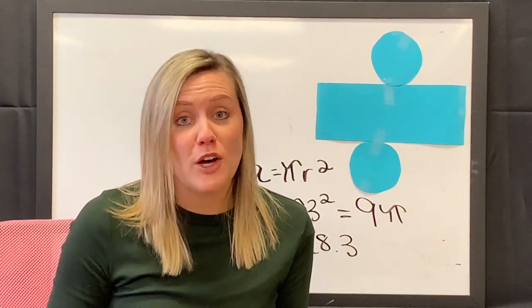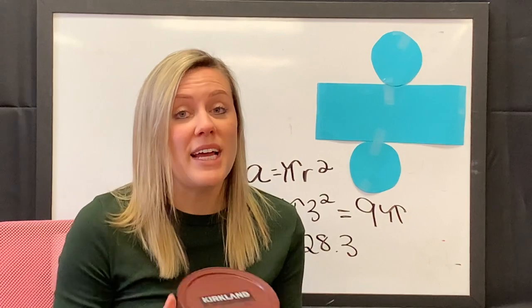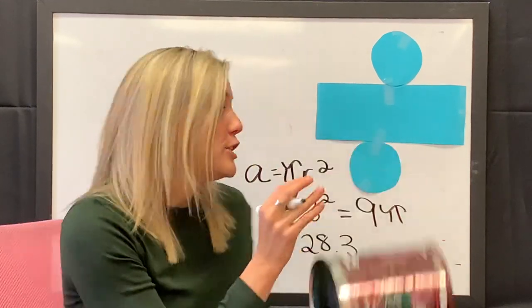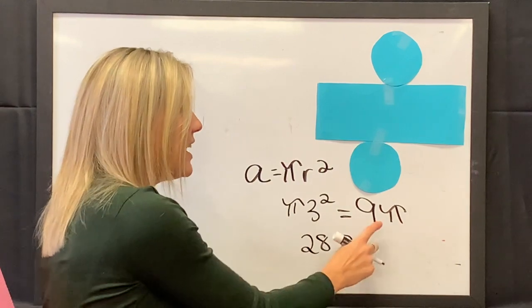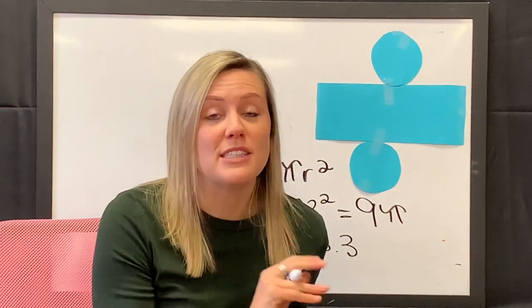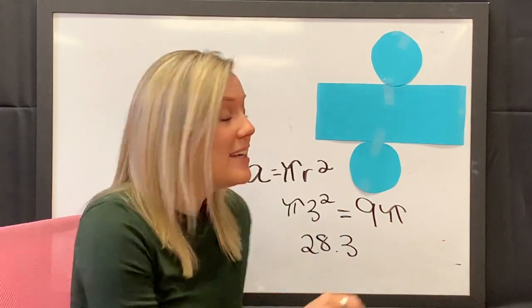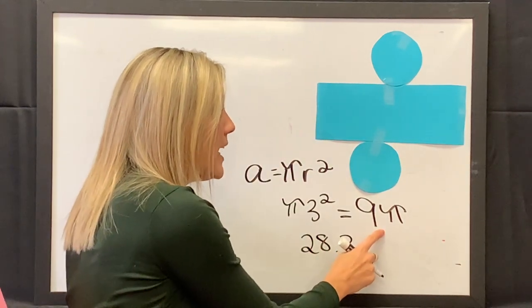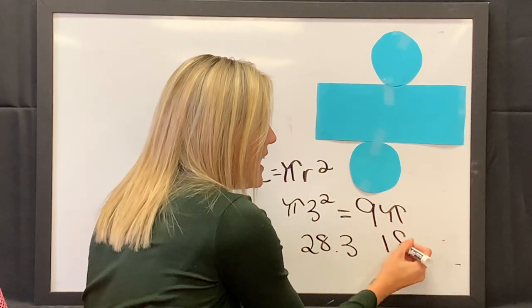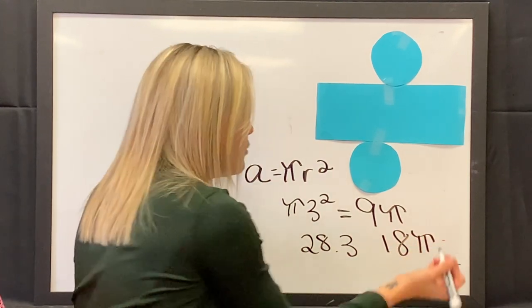Okay. So the other thing to remember is we have two circles. We have a top circle and a bottom circle. So I'm going to take this number here and this number here, and I'm going to multiply that by 2 since we have two circles. Okay, so 9 pi times 2, 9 times 2 is 18. So that's going to be 18 pi for both circles.